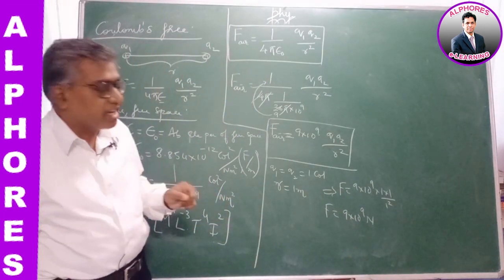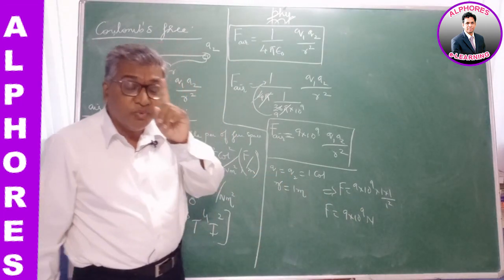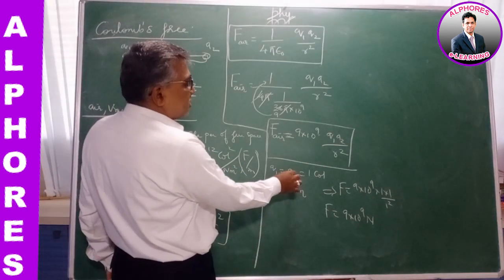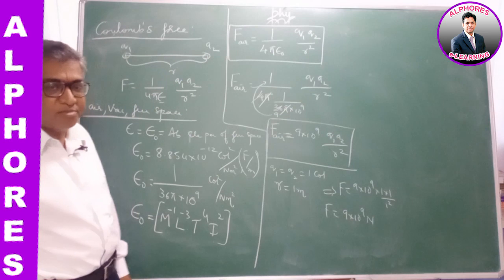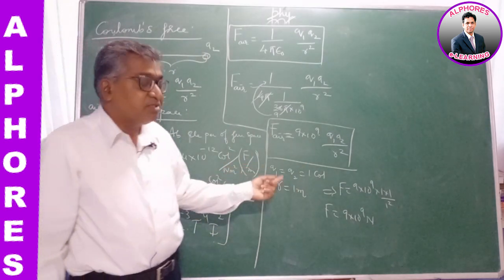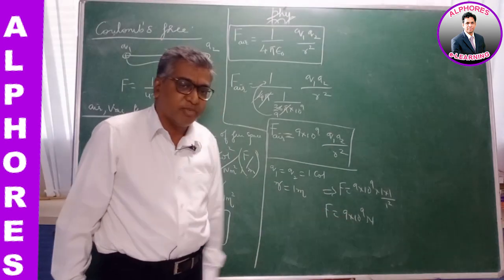That equal charge is termed as 1 coulomb or unit charge. 1 coulomb is defined as the equal charge on two point charged bodies separated by unit distance in air, vacuum, or free space, which will make them repel with a force of 9 into 10 power 9 Newton.